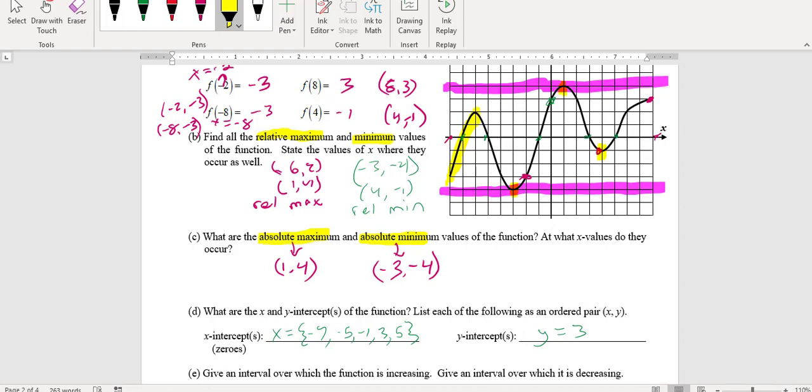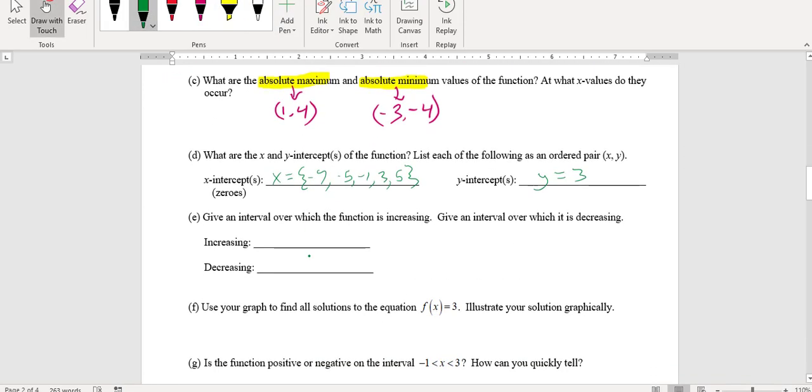But when they're asking for that interval, they're asking for which x values make that happen. So if I look all the way over here, when x is 1, 2, 3, 4, 5, 6, 7, 8, -8, starting from when x is -8 up until when x is -6, that's when this function is increasing. So that's the way that I'm going to state this.